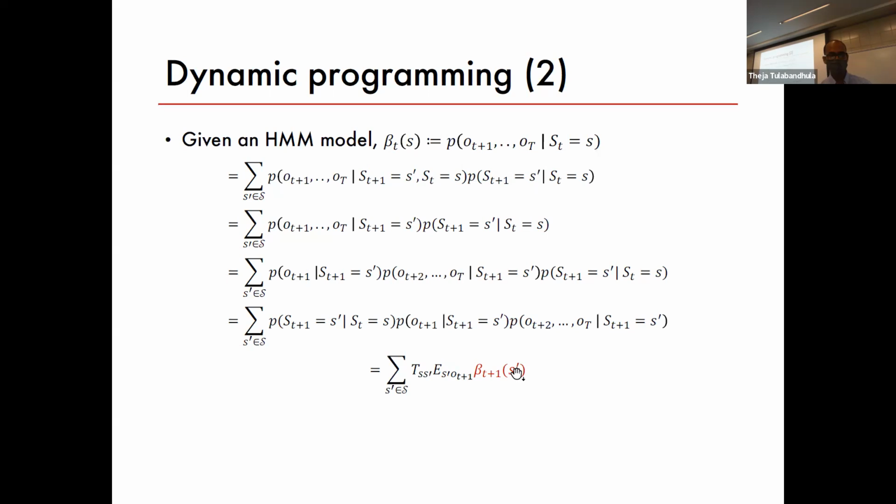If there are little n s primes, then there will be a little n number of such terms. So there are n beta t plus 1 values which all together help you determine beta t at time t. At time t, beta can be determined if you have already computed the t plus 1 betas, and they are smaller problems.